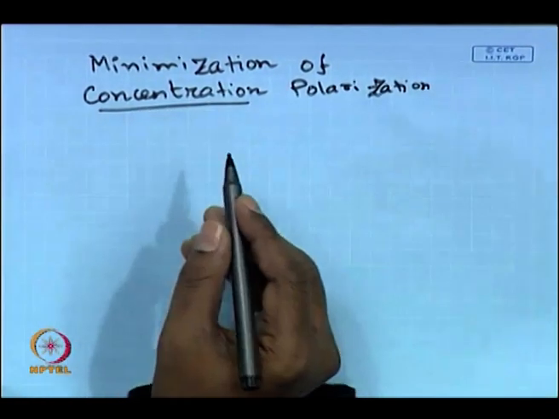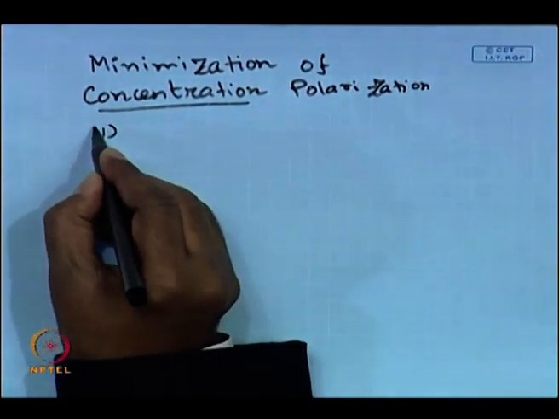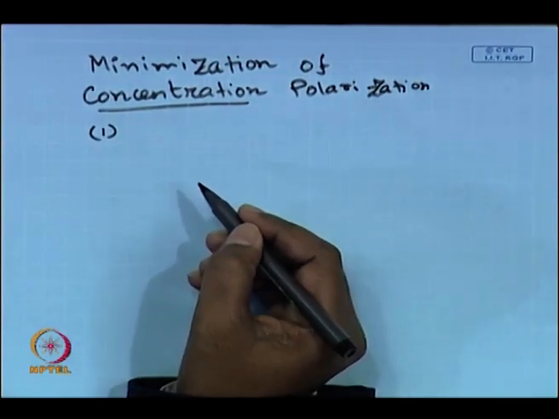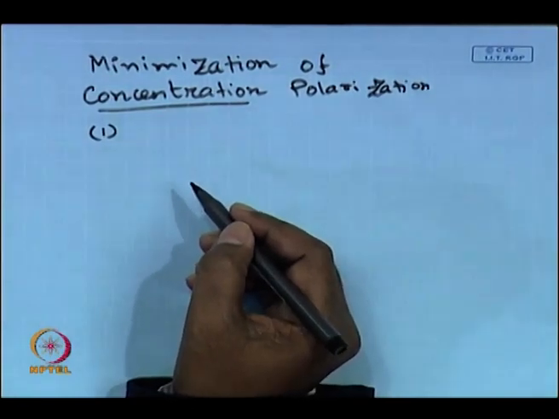The first aspect to minimize concentration polarization is to increase turbulence in the system, such that the deposition over the membrane surface will be disturbed or will decrease. Okay.